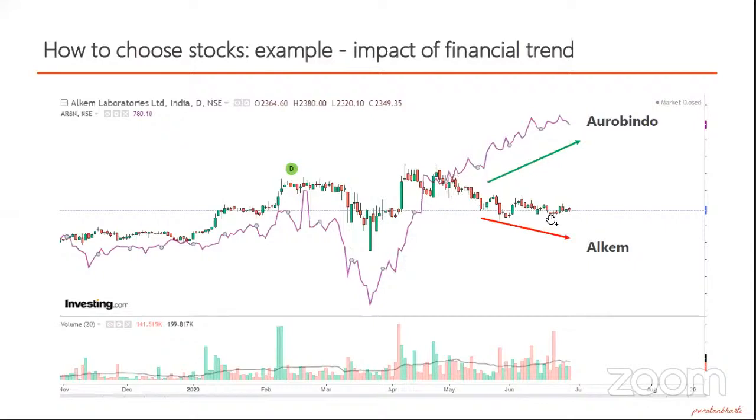Now, when Alchem says that its valuation is fair, it is because the stock prices have fallen down. Now, some analysts will again find reasons to invest in Alchem. But I would investigate further whether I should go into Alchem or not, because it did not perform as the market was performing. Yes, if I'm expecting some future news, then I may invest in Alchem. So I will investigate further.